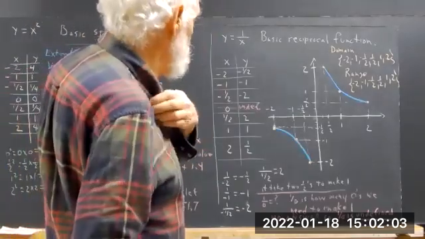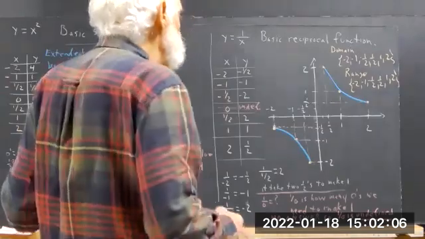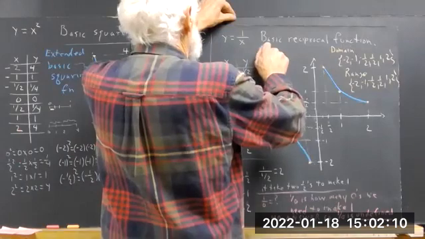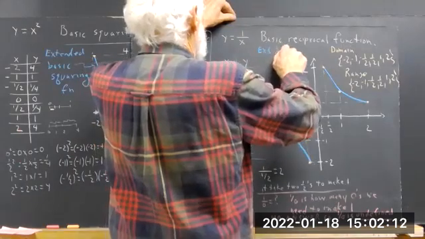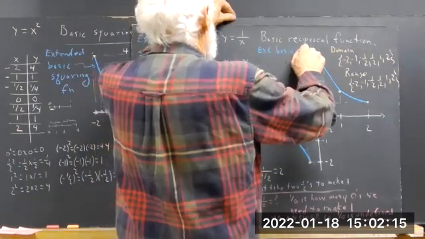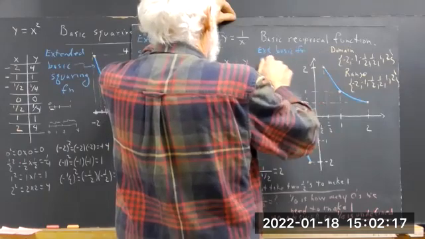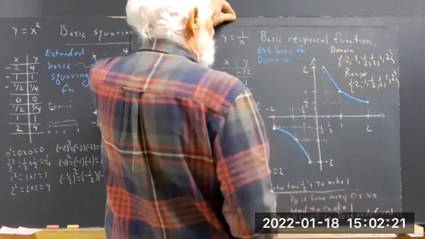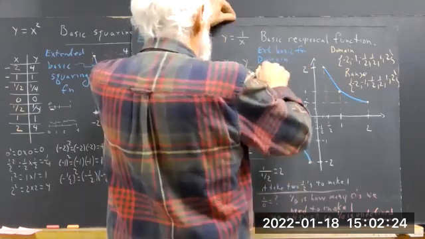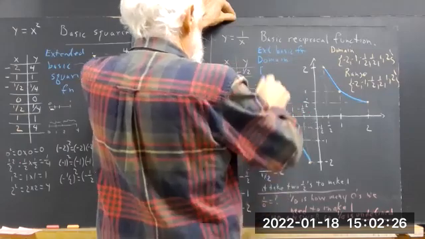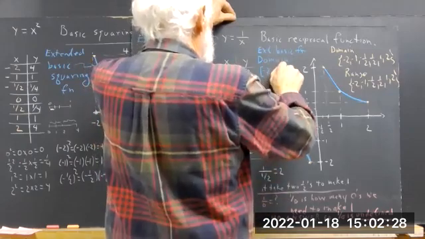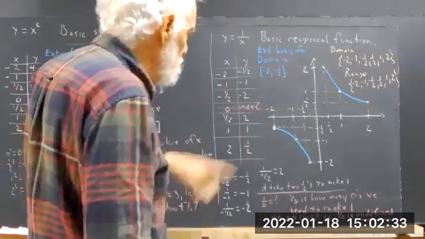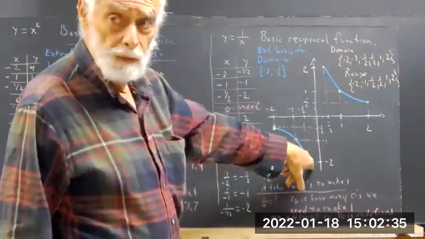Now let's talk about the domain and range. The domain runs from -2 to -1/2. We don't go beyond this point.